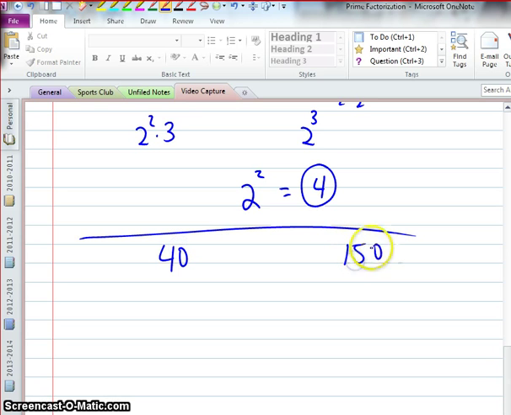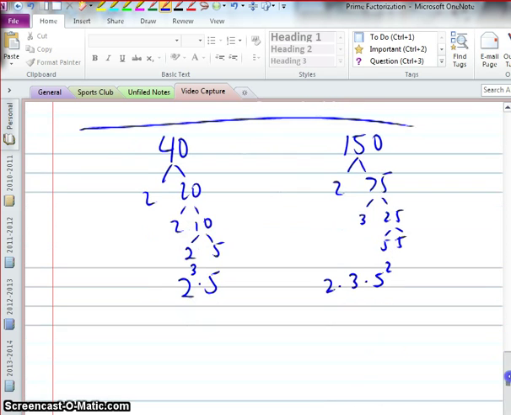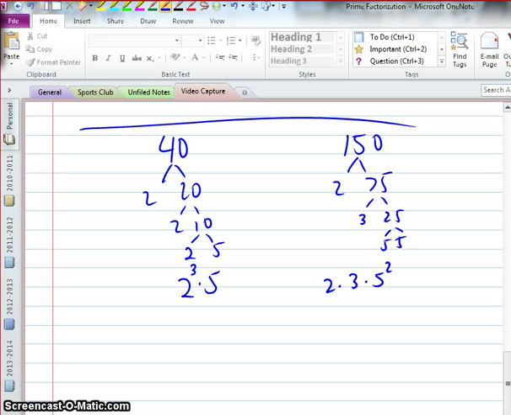So let's try 40 and 150. 2 times 20, 2 times 10, 2 times 5. So the prime factorization of 40 is 2 cubed times 5. 150 is 2 times 75, 3 times 25, and 25 is 5 times 5, so we have 2 times 3 times 5 squared. So we ask ourselves, what are the bases we have in common?